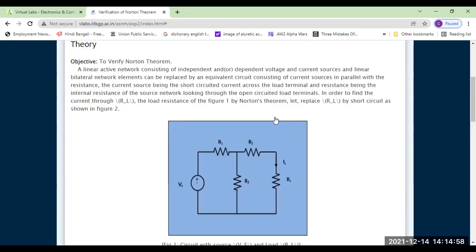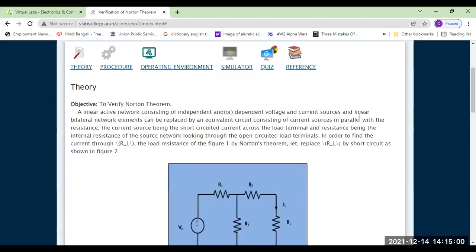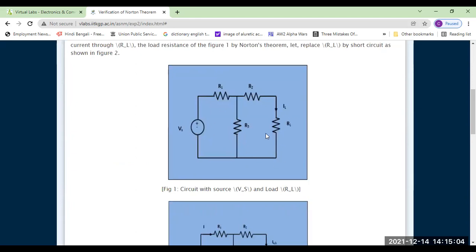But one thing is common: the components are linear, so all resistances should be there, and it will satisfy linearity. Then this circuit can be replaced by a short circuit current.